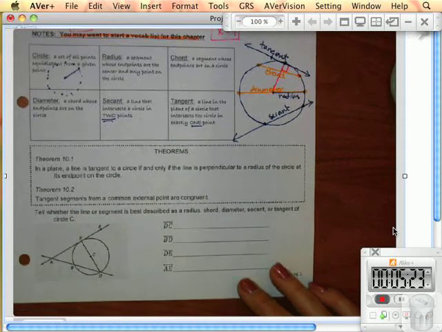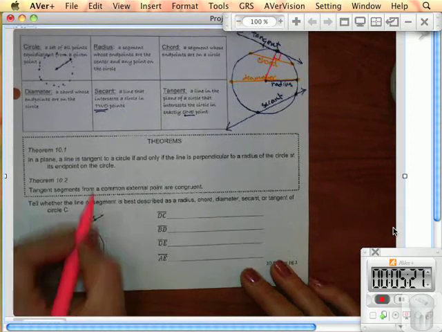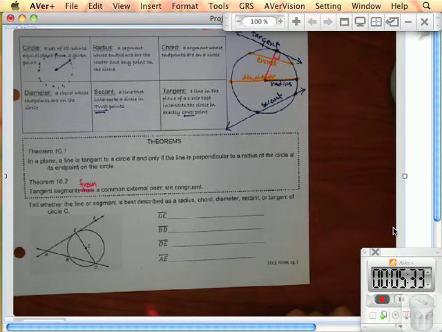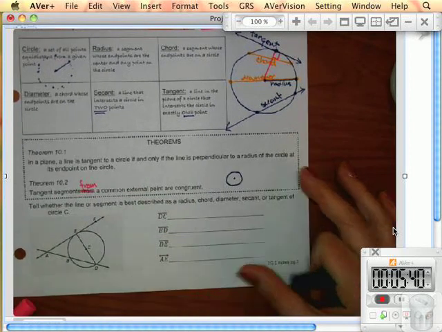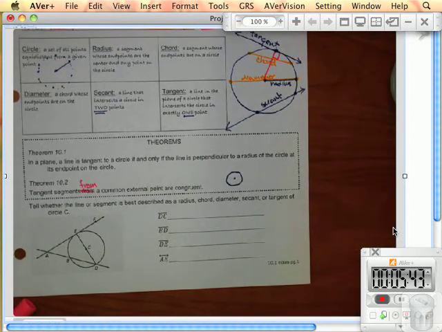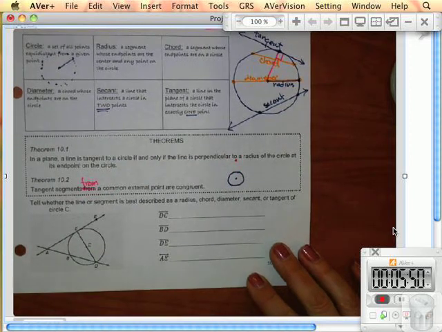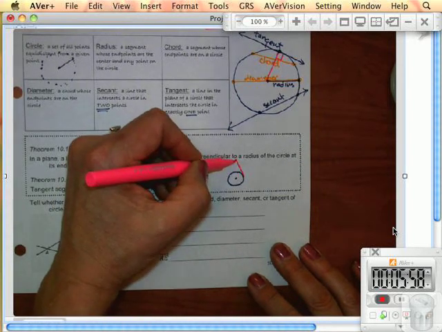All right. Tangent segments from a common external point are congruent. All right, let's draw what that means. So draw yourself just a little circle here. Little circle. If we have tangent segments from a common external point, so I'm going to put a point out here. And I'm going to draw a tangent segment here and a tangent segment here.